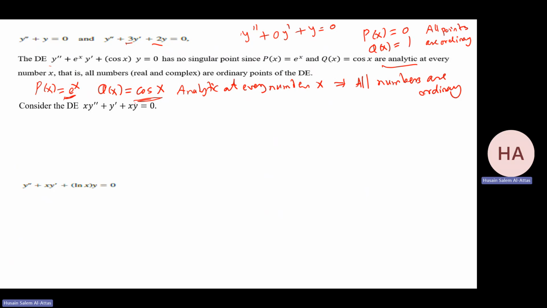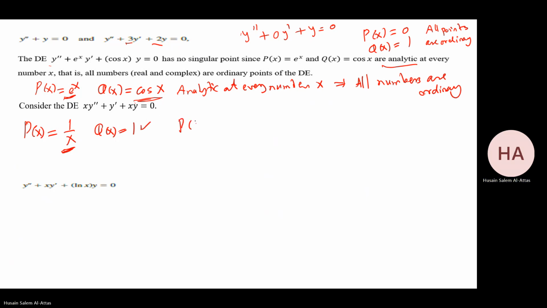Let me do this one. Now, what is p of x in this case? It's 1 over x. What is q of x? X over x, which is 1. Now I have a problem at 0. Q is analytic, okay.